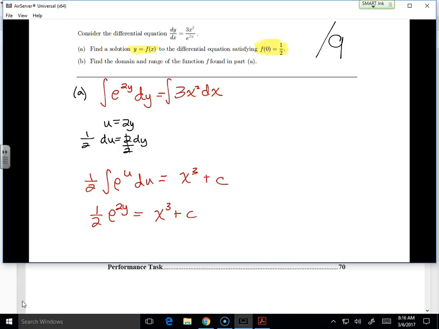So the point gives us an x and a y, true? True. So we're saying, hey, they gave us a point, so we can find c. Let's plug in the point 0, 1/2.